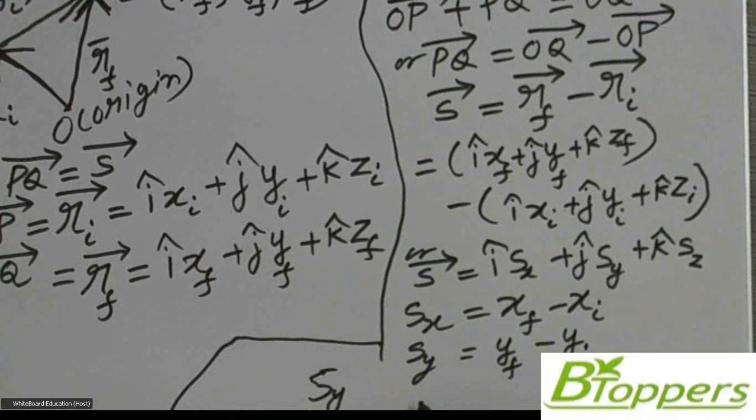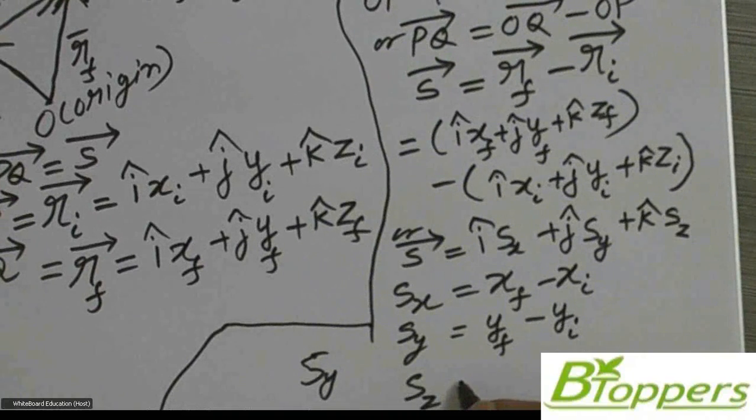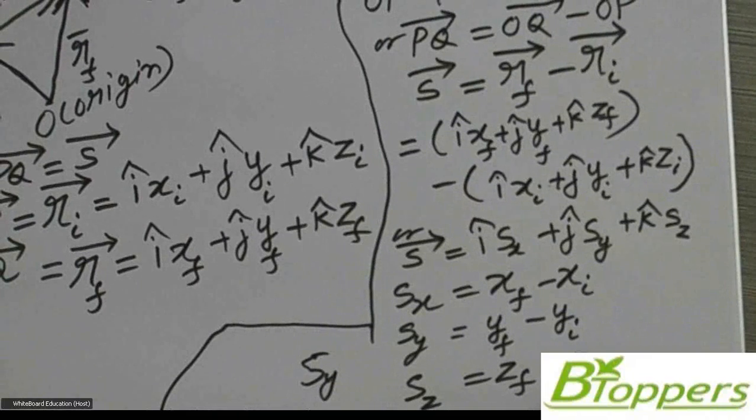So Sz represents the z component of the displacement of the particle, which you can write as the z coordinate in the final position minus the z coordinate in the initial position.